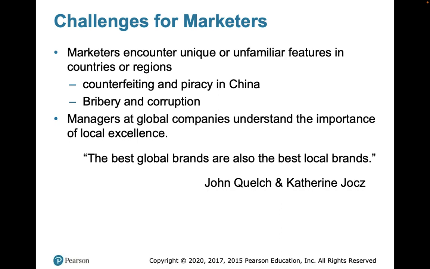One of such is counterfeiting and piracy. China, for example, is a common case, because a lot of companies in the world have opened their factories in China because of cheap labor. Cheap labor in human resources, I mean, when they need workers, they can get a lot of workers from China that are ready to work in their factories.